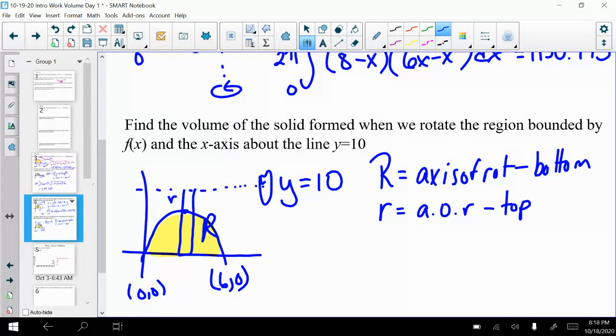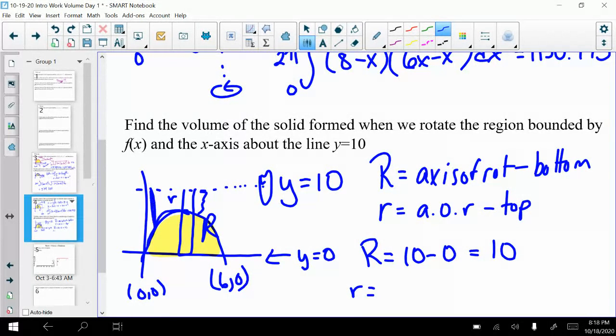Because that produces a smaller radius. So the bottom is super boring because that's y equals 0, so big R actually becomes 10 minus 0, which is just 10. Little r is much more exciting because it's changing, right? Here little r is very big, here little r is small, back here it's big again, okay?